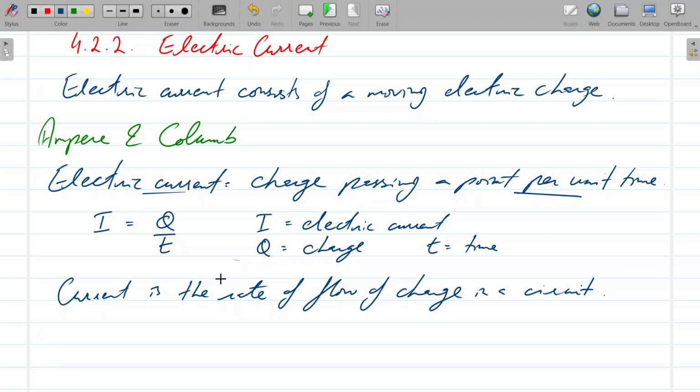Okay, the unit of current is the ampere. It is given by the symbol A, right? And it is measured using a device called an ammeter.